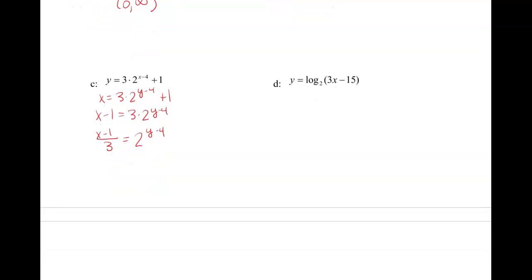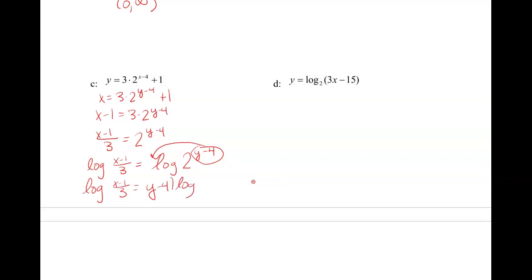So I should just get log of x minus 1 over 3 is equal to log of 2 to the y minus 4. Alright, neat little power with logarithms is that exponents come out to the front. So I should just get log of x minus 1 over 3 equals y minus 4 times log of 2.